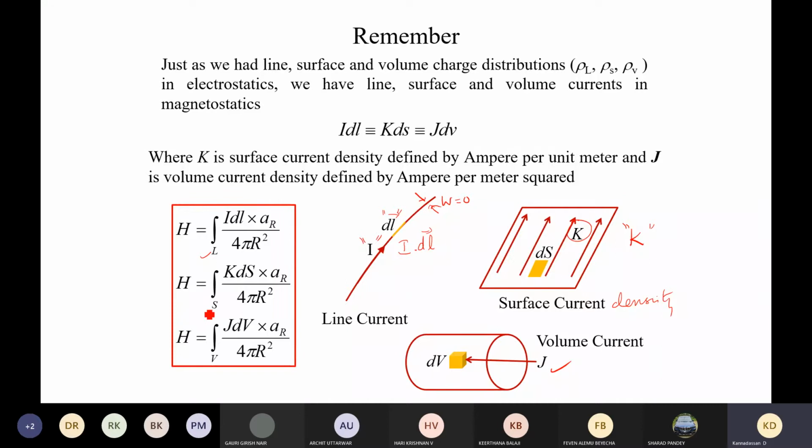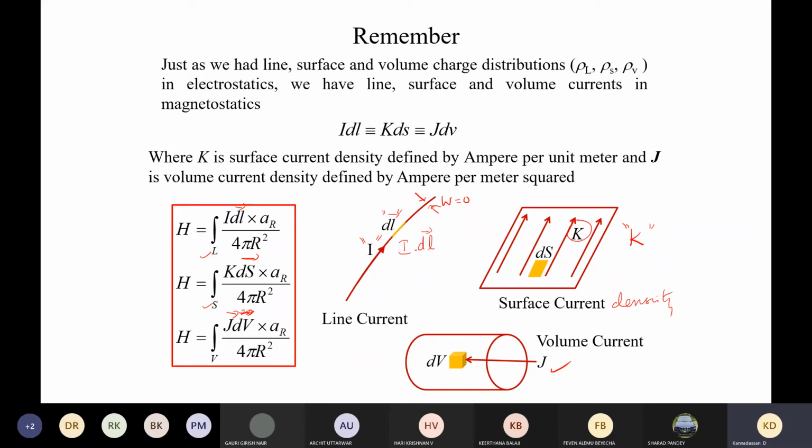Then the second thing is, whenever there is a surface, we are supposed to integrate over the surface, so you are supposed to follow the proper vectorial forms. In case of J, it will also have its own vector. In case of dV, it won't have any direction, but the current J will.